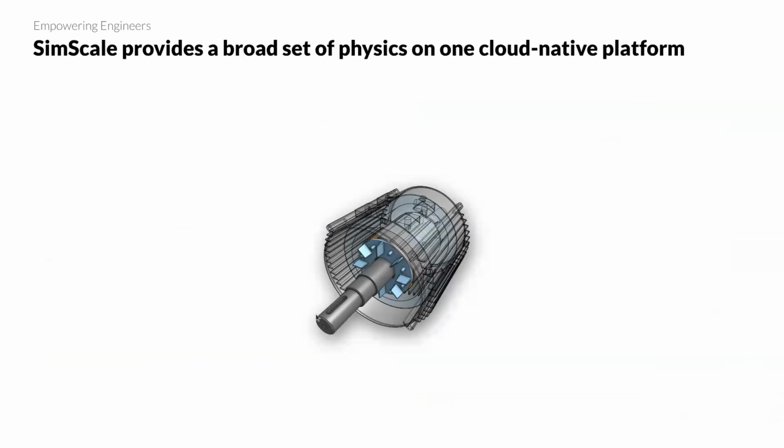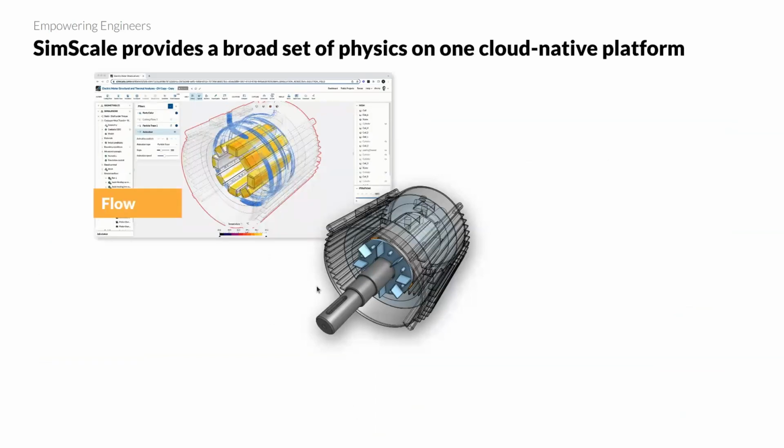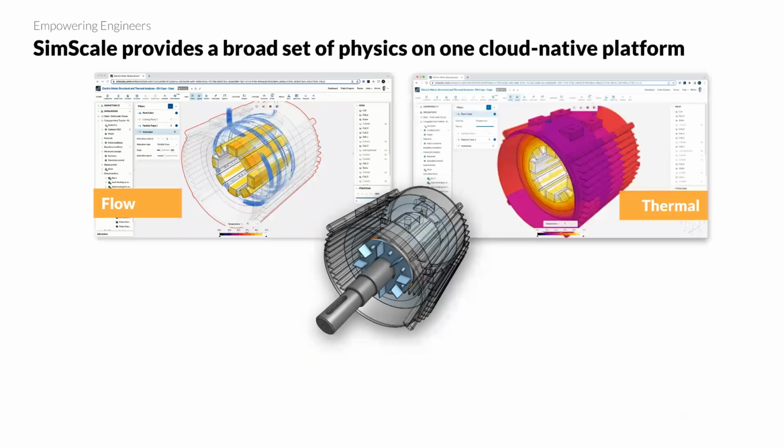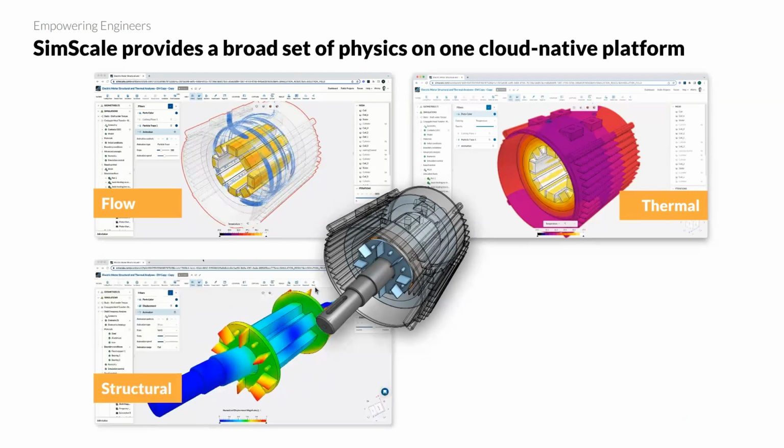Great. So I mentioned the broad range of physics. That is mostly flow, so like a pressure drop in this electric motor, for example, but you can also look at the thermal results. You can run conduction only or convection, conduction and radiation coupled in a simulation and really look at maximum temperatures, operating conditions. You can look into structural simulations, nonlinear behavior, vibration analysis.